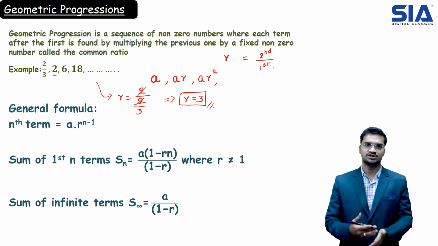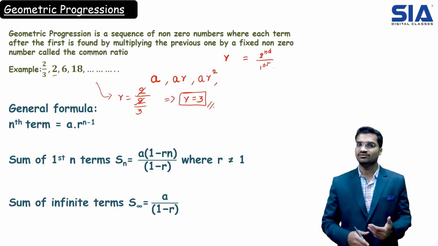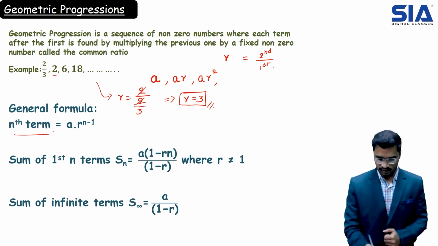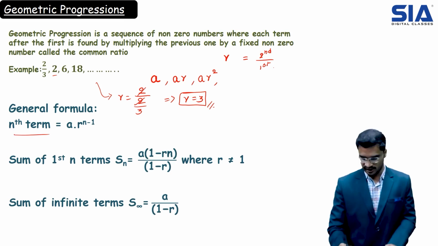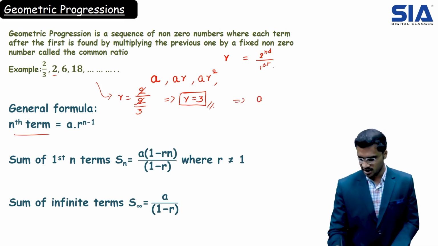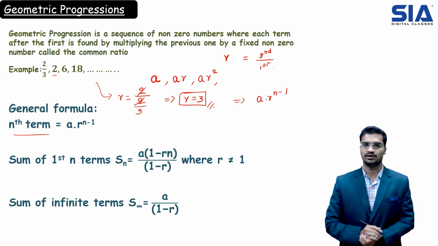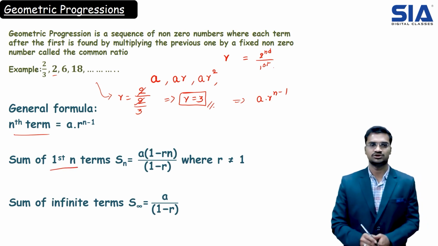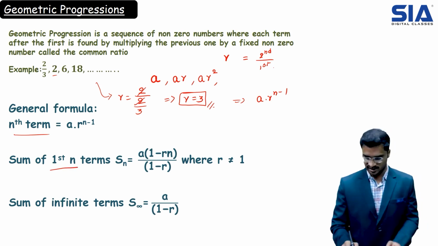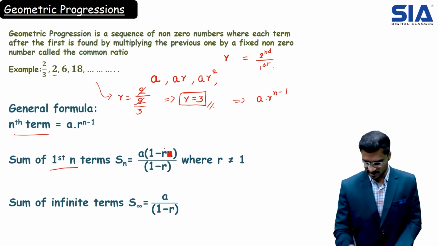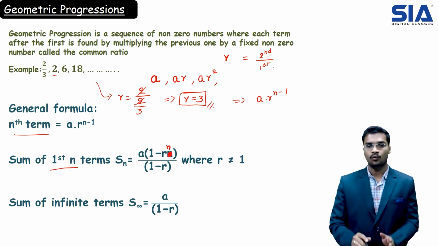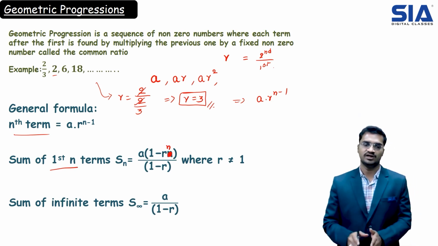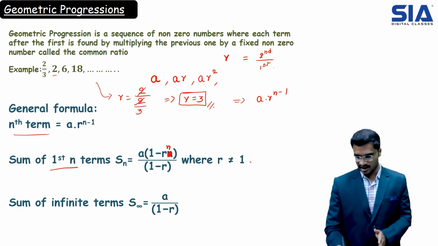In geometric progressions also there are some formulas. What are those? The formula for nth term is A into R to the power of n minus 1. And the sum of first n terms, Sn, is A into 1 minus R to the power of n divided by 1 minus R, where R is not equal to 1.